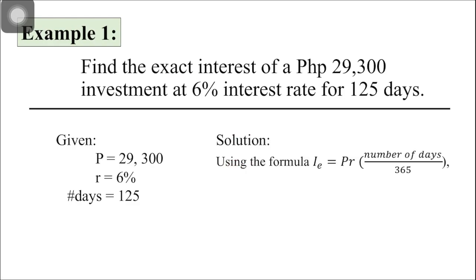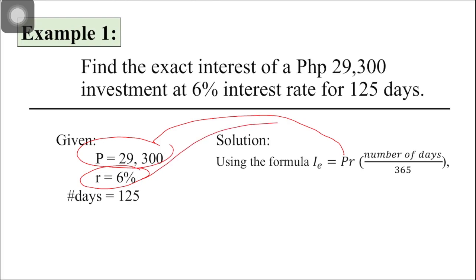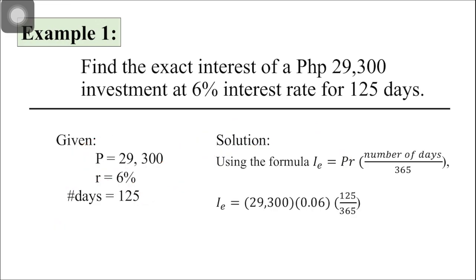So, substitute the given, your P here, your R. Your R should be in decimal form. Then, the number of days here. So, now that's I sub E is equal to 29,300. This is your P. Then 0.06, this is your R. And 125 days, this is the number of days over 365.